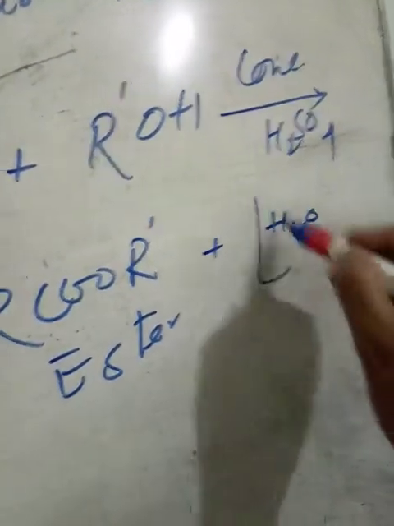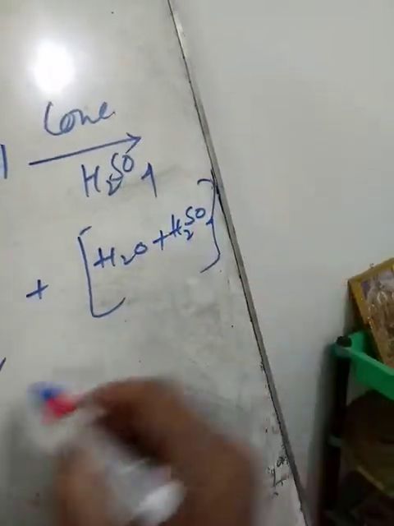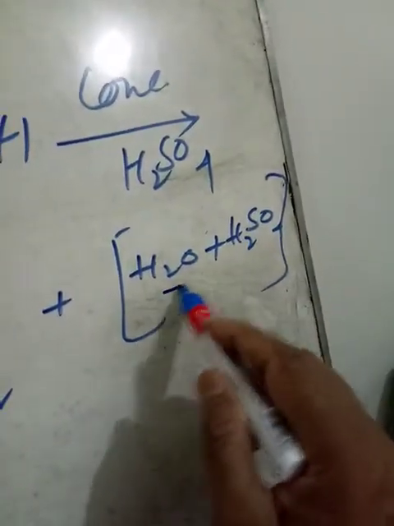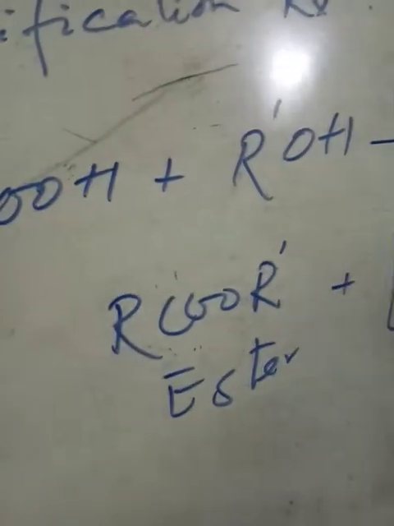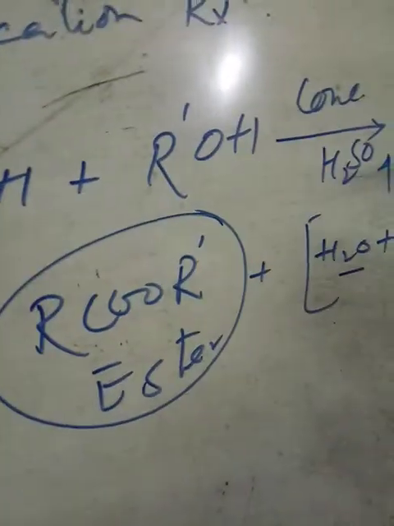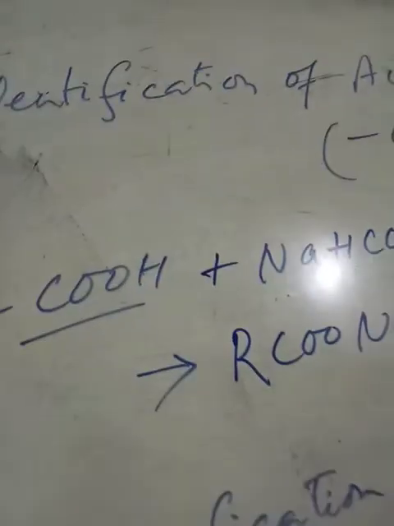Water will be absorbed by H2SO4 so that ester does not undergo further hydrolysis. By the sweet smell of the ester formed, you can identify the presence of acid. These are the identification tests of acid.